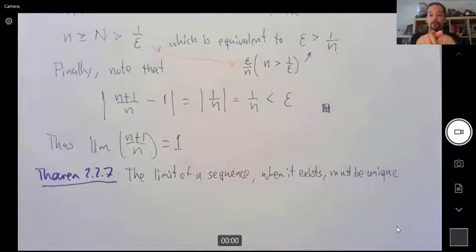My hint to prove this would be the following. Suppose that a sequence has two limits. So that means that eventually all the elements are within a little interval around one of the limits, and also within a little interval around the other one. And if your intervals are like my fingers are showing right now, when they don't have an overlap, that's impossible, right?